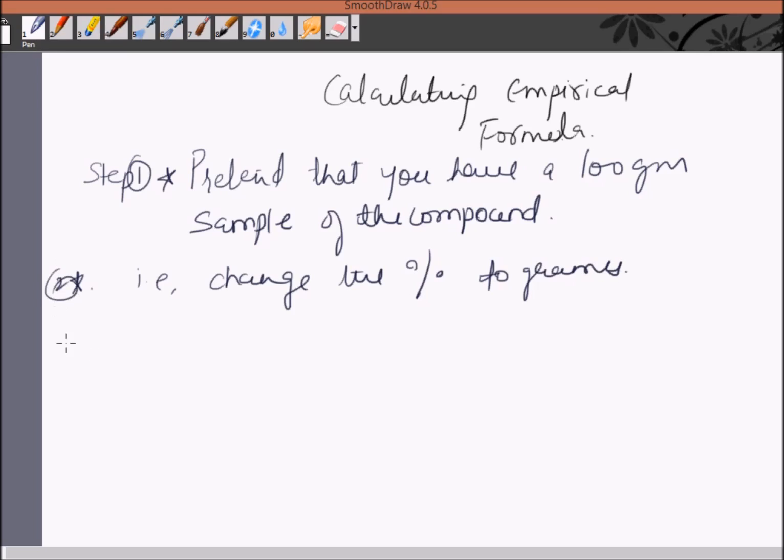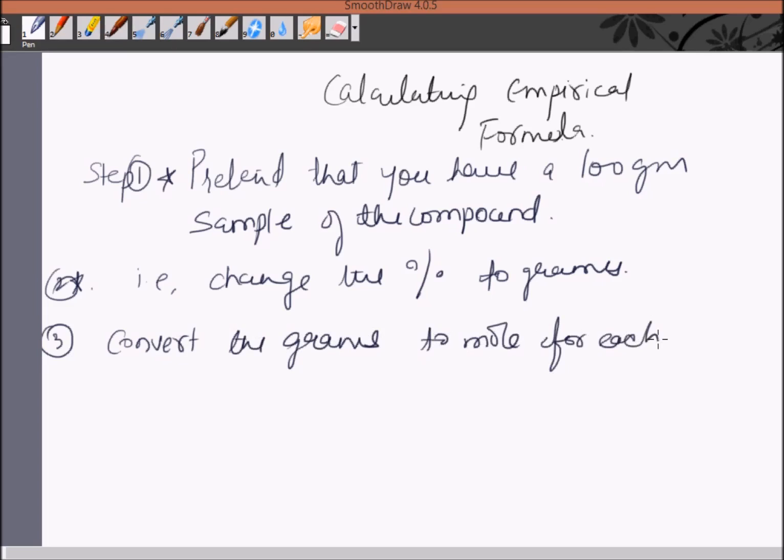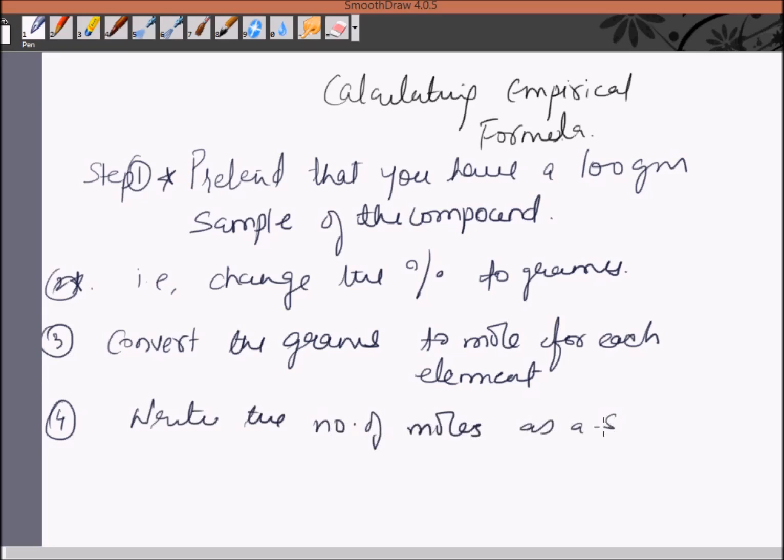Third step, then we convert the grams to moles for each element, right? Then we write the number of moles as a subscript in a chemical formula.